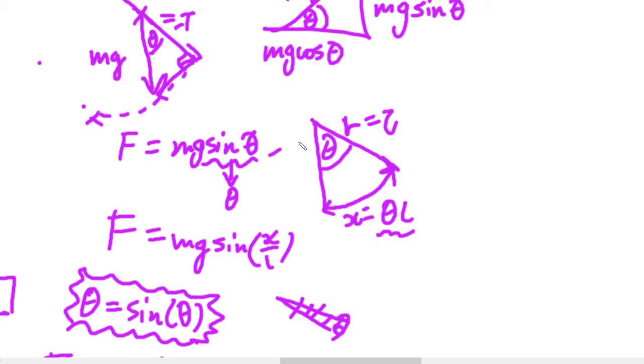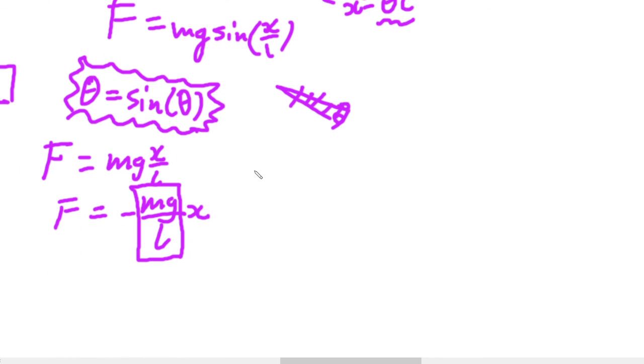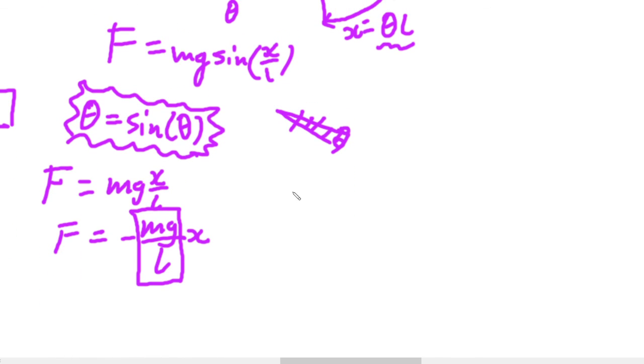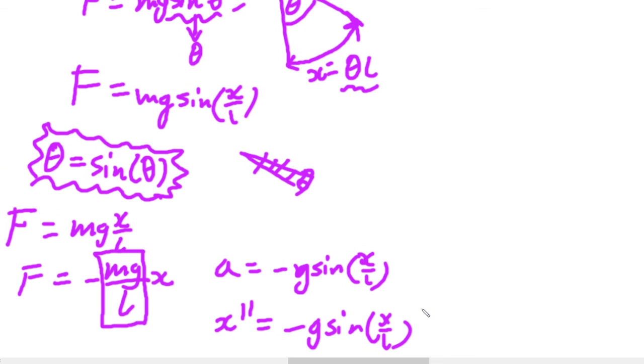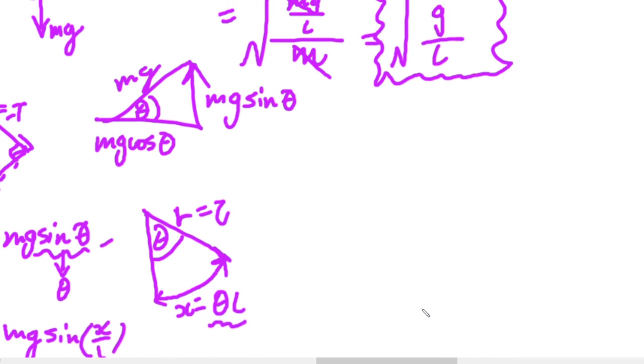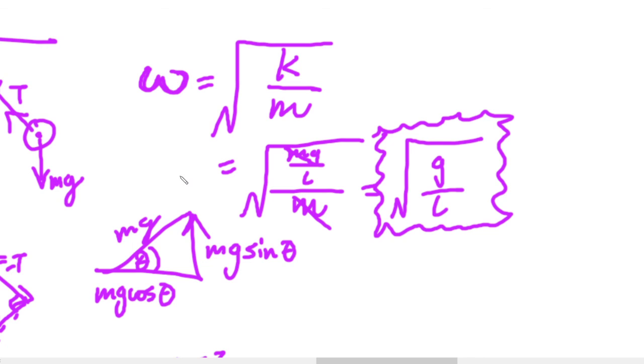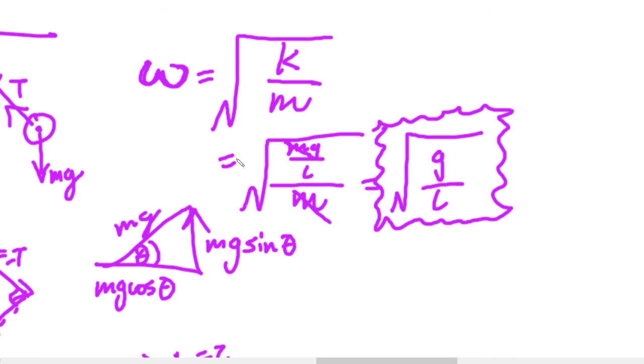It may be possible to solve this as some kind of differential equation where a is equal to minus g sine x over L, or rather the second differential of the displacement with respect to time is minus g sine x over L. But I have no idea how to do this, and so we just approximate this down to, using the small angle approximation, a case of simple harmonic motion, which it kind of is.